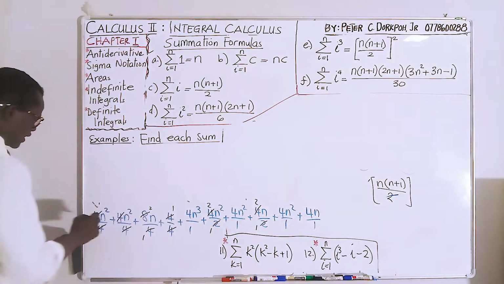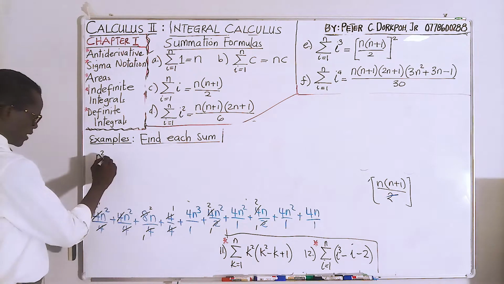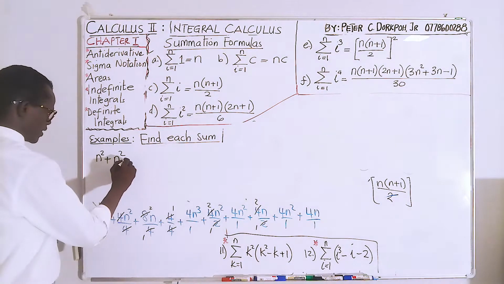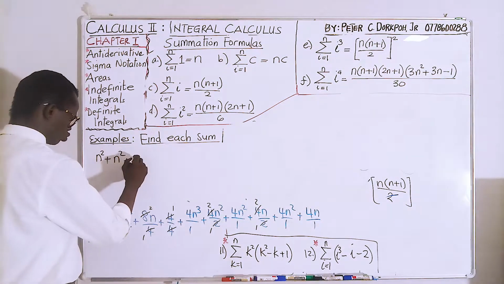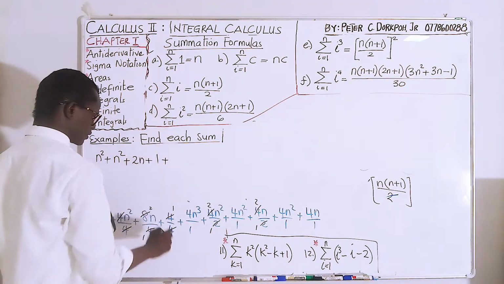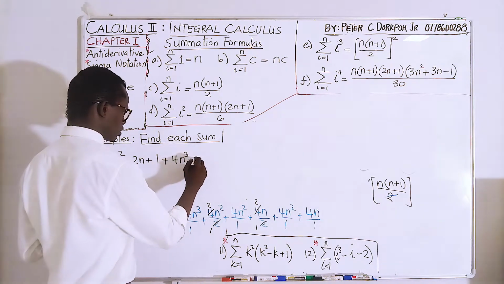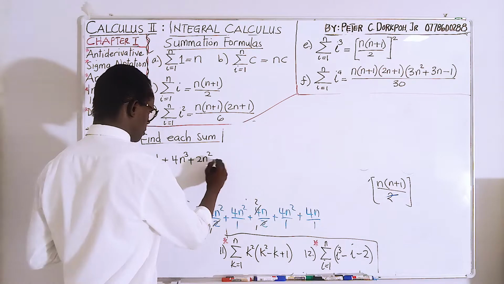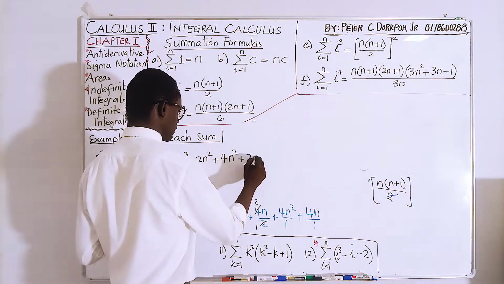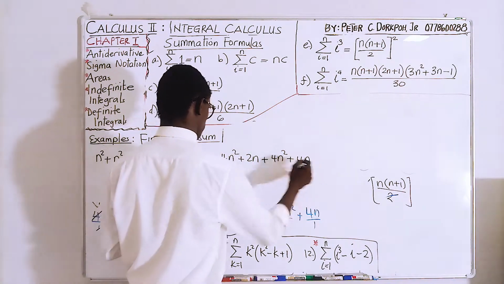So finally now we can have n squared plus n squared, plus 2n plus 1, plus 4n cubed, plus 2n squared plus 4n squared plus 2n plus 4n squared plus 4n.